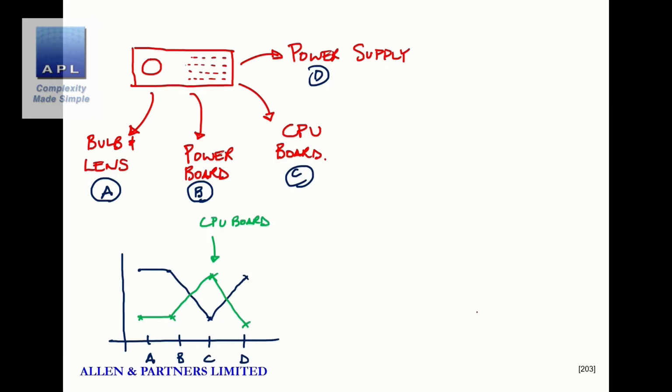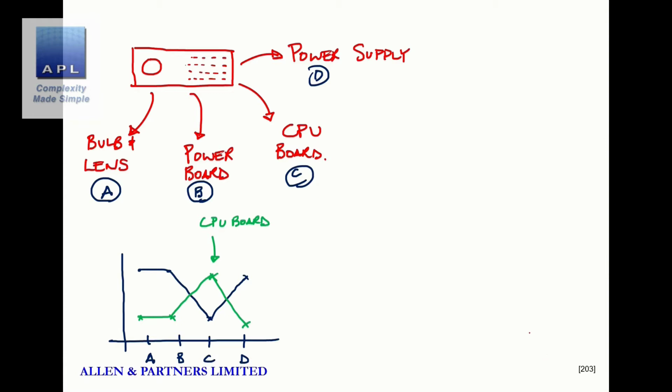Okay, so we're going to now step through the process of doing the pairwise comparison. So let's just remind you exactly where we've got to in the process. We've started off with a problem, and the problem was in a complete assembly. We've done the component swapping, and if you remember, we were talking about a computer projector.